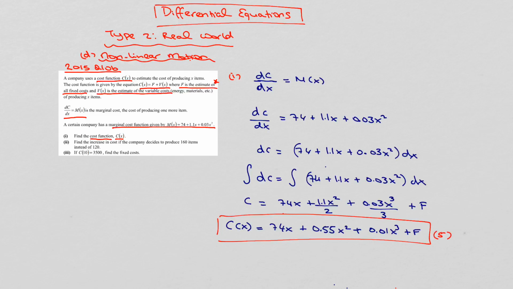So part 2 then says find the increase in cost if the company decides to produce 160 items instead of 120. So this is basic algebra here. It's almost too nice. So x is 160, and that means wherever there's an x, I'm going to put in 160.